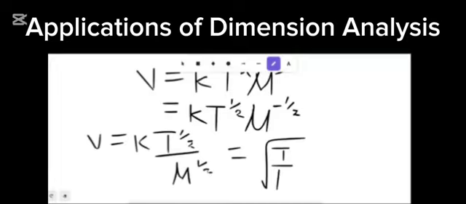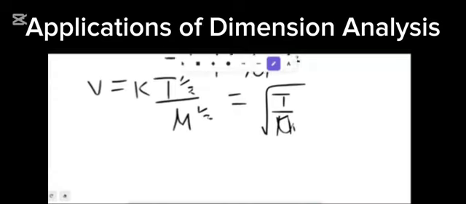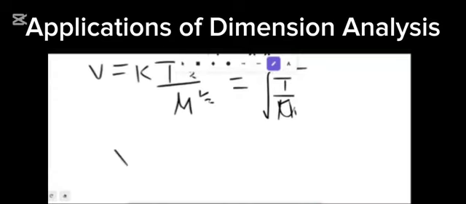Okay, k can change value depending on modes. If you have a single mode, the wave is going like this. The value of k can change, but the fundamental frequency is going to look like this.